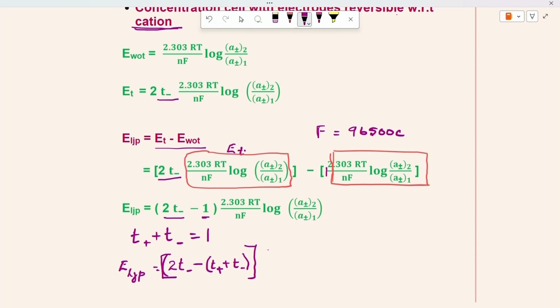The rest of the equation as such, 2.303 RT by NF log mean ionic activity of 2 divided by mean ionic activity of 1.